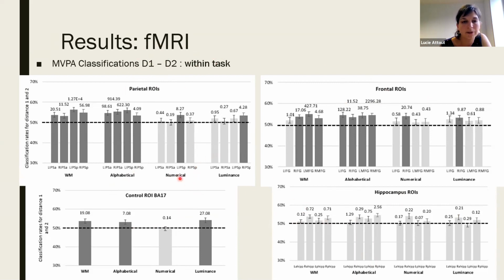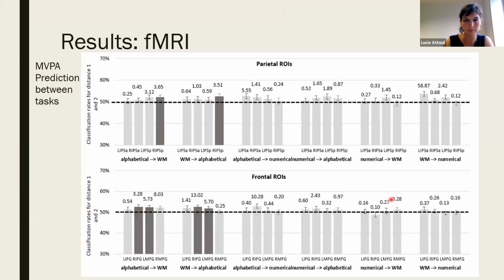And also it's important to note that numerical and luminance tasks only classified higher than chance level for posterior IPS and the inferior frontal gyrus.